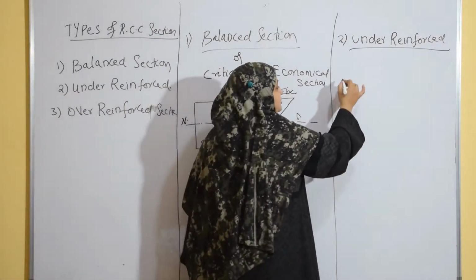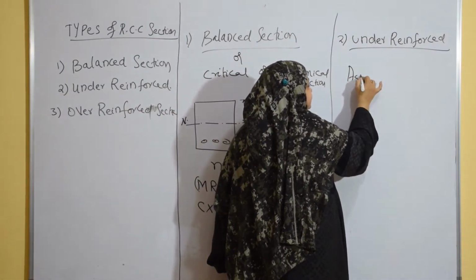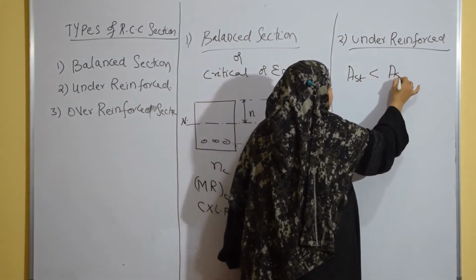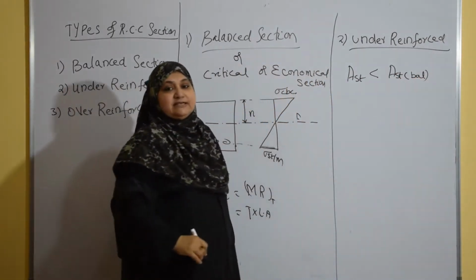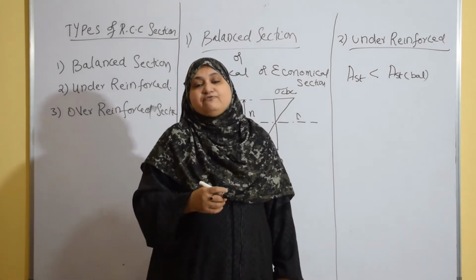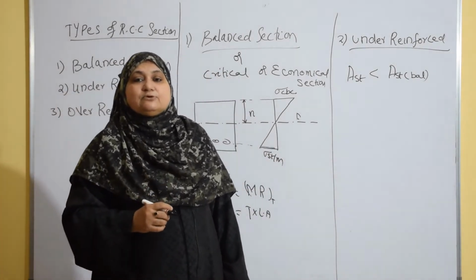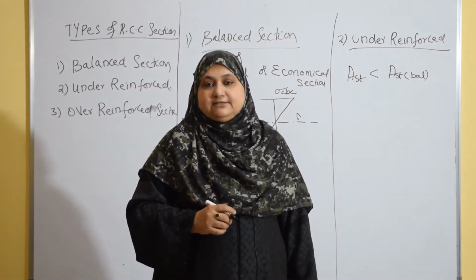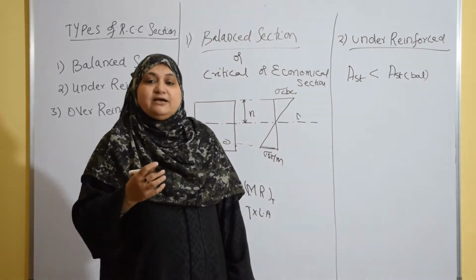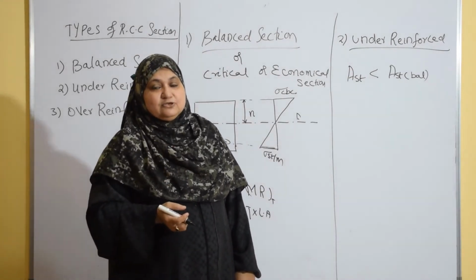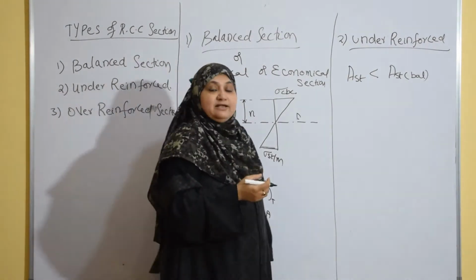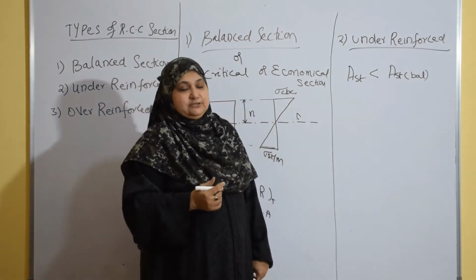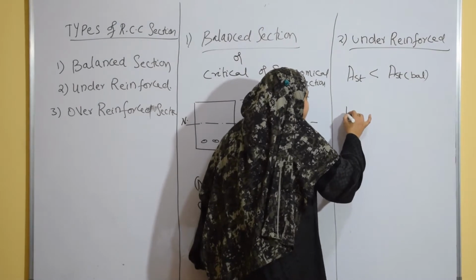Okay, if steel is less than that required for balanced section, then that section is called an under reinforced section. Now here reinforcement is less, so the permissible stress of steel will reach its maximum value first.